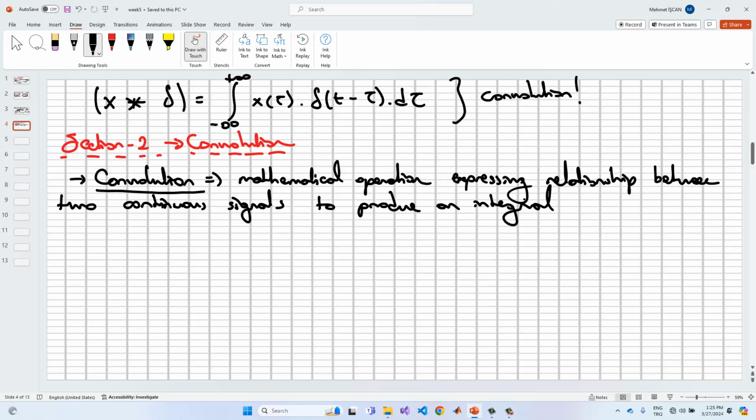Why is it an integral? This is a simple answer: X is one property, the impulse is a different signal, and if we have these two signals, we can relate them by using the integral form.